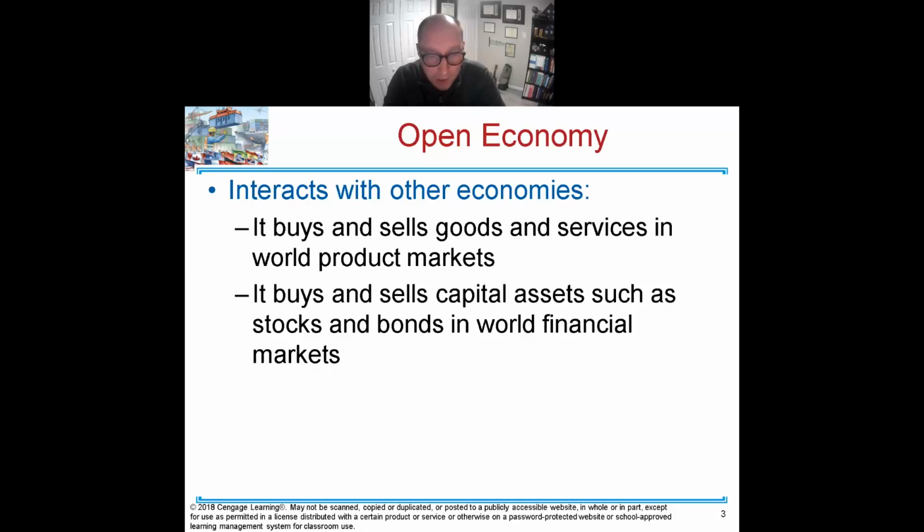We, as a nation, also invest in other markets through the sale and purchase of stocks and bonds. For example, the United States invests in bonds in South American countries.